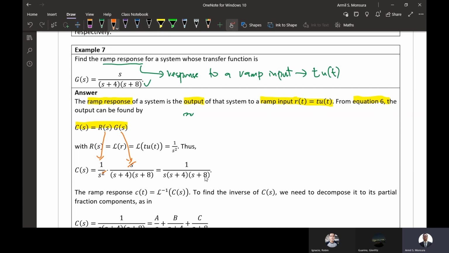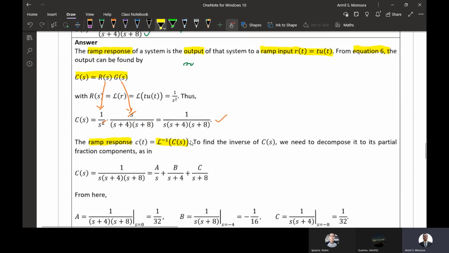Okay? So, ngayon, since we're looking for the ramp response, that would be the inverse of your C. Yung inverse nito. Okay? So, response ang hinahanap natin, kaya natin kunin yung inverse sa Laplace transform niya.